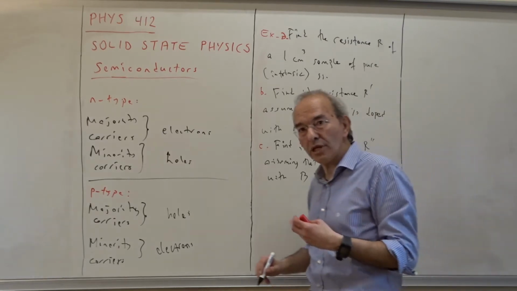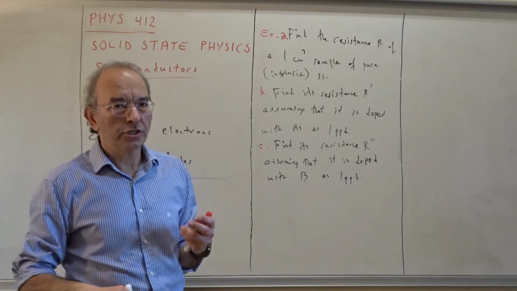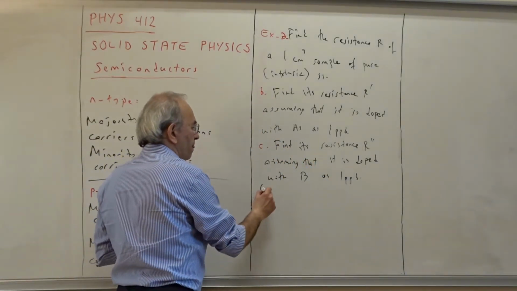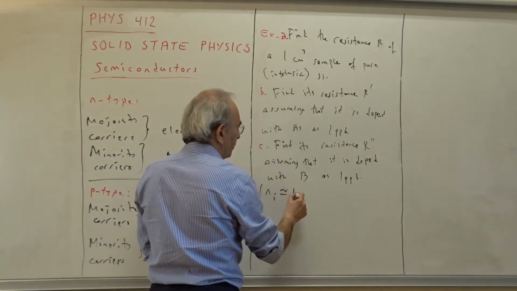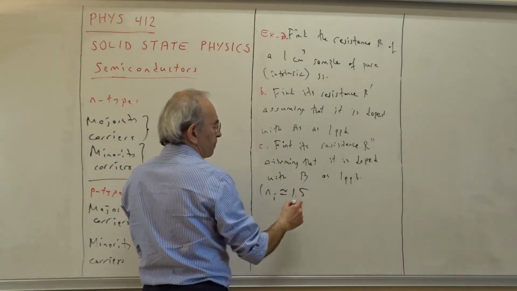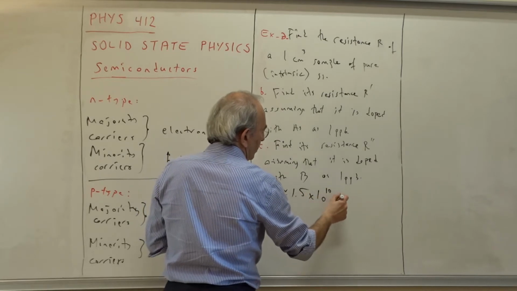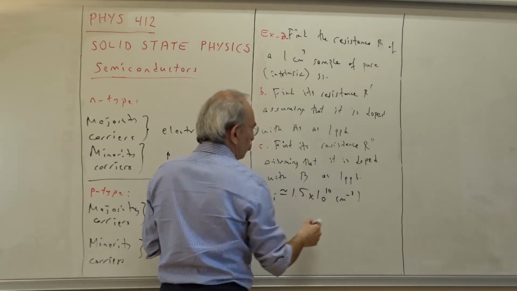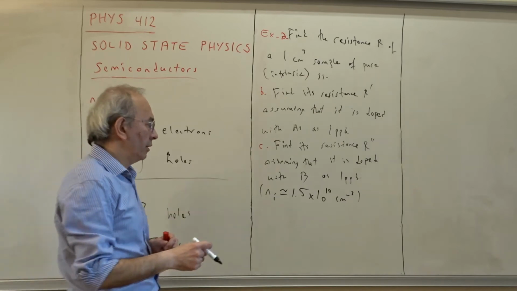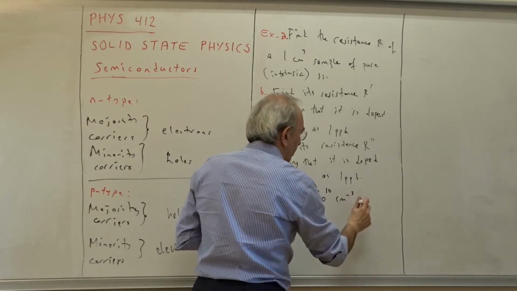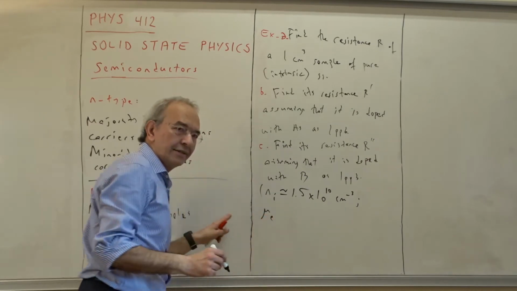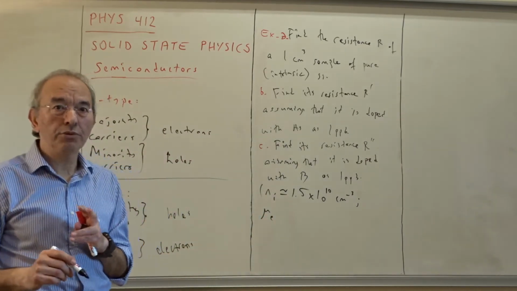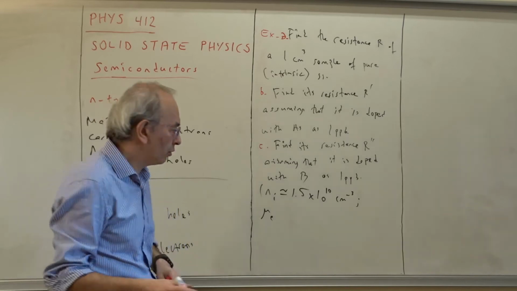So for these calculations we need some constants. One of them is Ni, the intrinsic concentration. Let me roughly take it as 1.5 times 10 to the 10 per cubic centimeter. This is one parameter. Also, the mobilities are required. Mobility of a free electron, mobility of a hole.